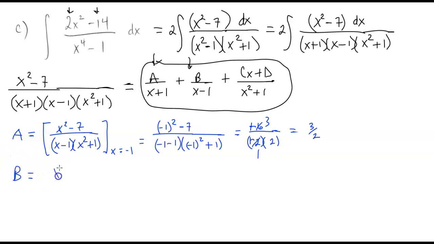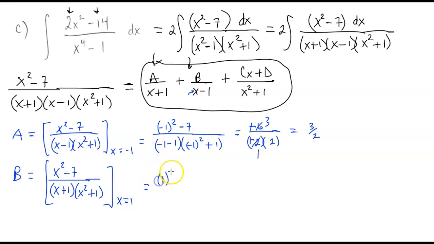So our B, we're going to find in similar fashion. B has a denominator of x minus 1. So we want to forget about that in the denominator, but write everything else, and then evaluate it at the number that makes this denominator go to 0, which is x equals 1.